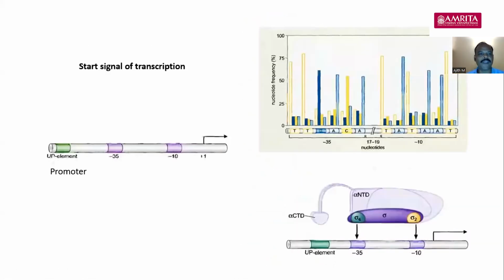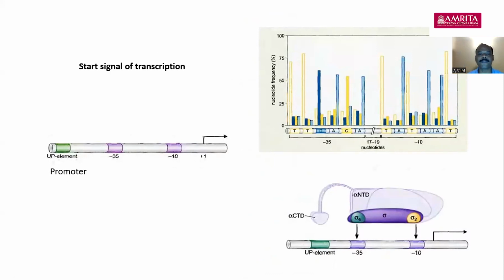So listen very carefully. The question is very simple and straightforward. How does the system know where to start? And of course, when to start? Which gene should be initiated in transcription? Which gene has to be transcribed? That's the question.